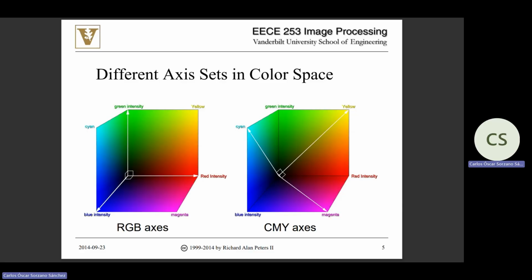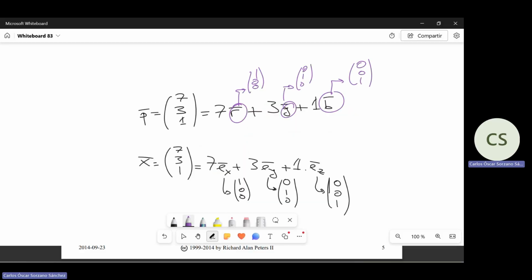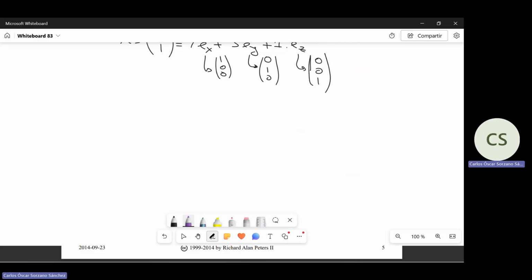The yellow axis is green and red. So it is a color. Any yellow color will be a vector of this form. It has the same amount of green and red and no blue.